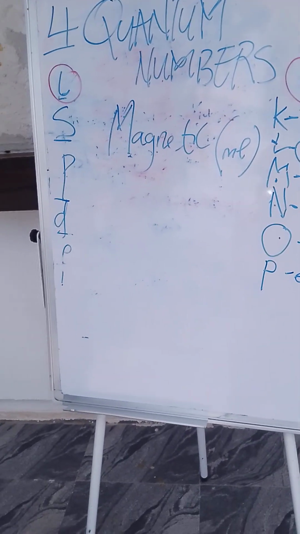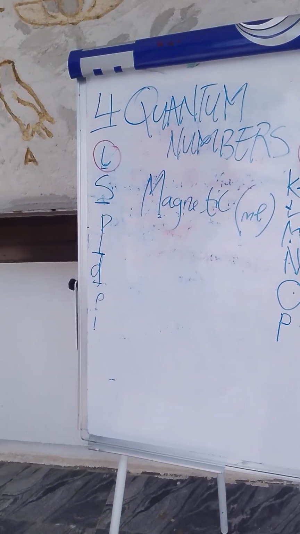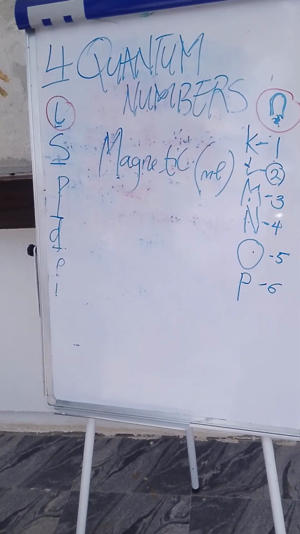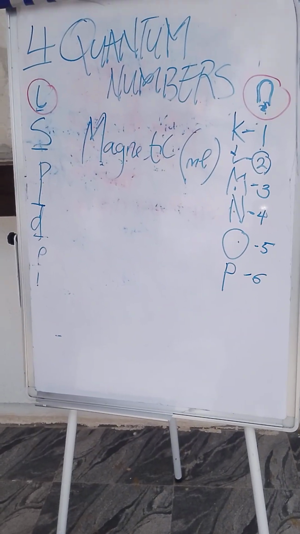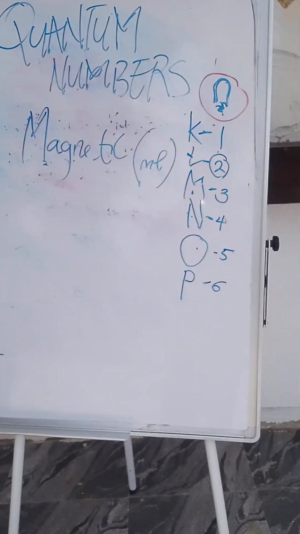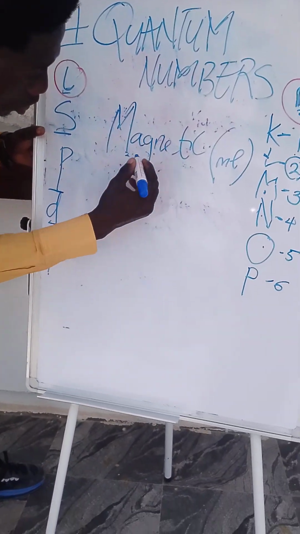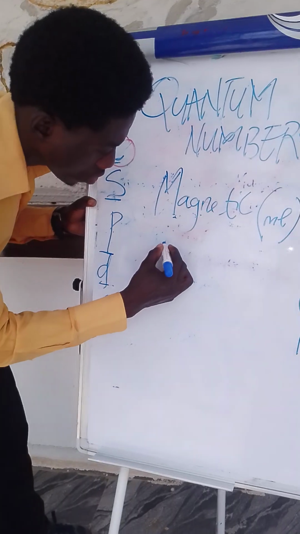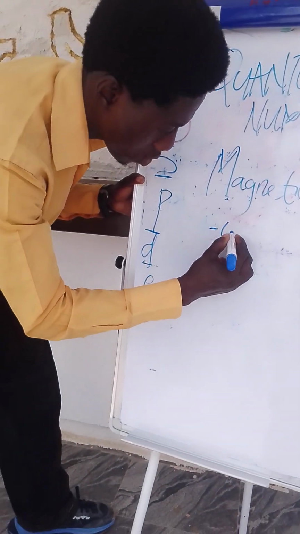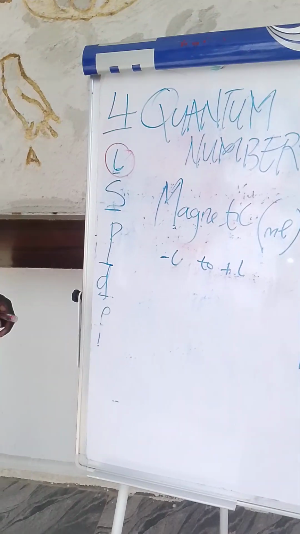If they ask what is the magnetic of this particular electron, just know that your magnetic ranges from minus L to plus L. Are you with me?